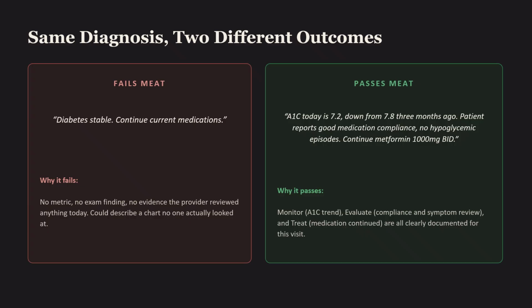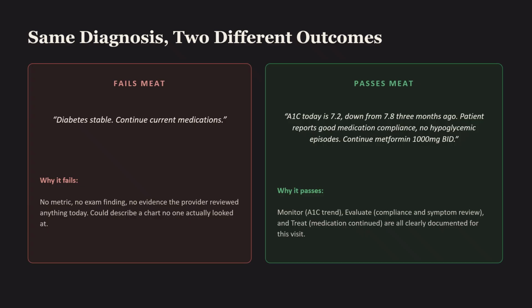We can tell that the provider reviewed this condition with the patient. We have monitor, the A1C trend from 7.8 to 7.2. We have evaluate, the compliance and symptom review, checking for hypoglycemic episodes. And we have treat, the explicit decision to continue the metformin at a specific dose.